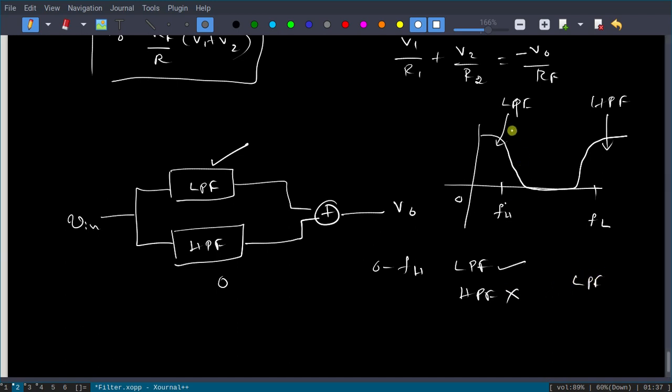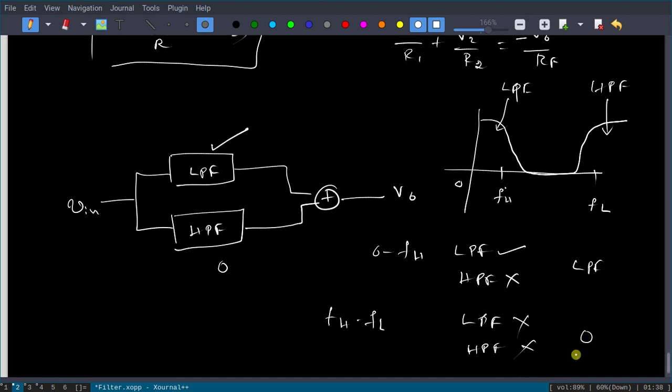From FH to FL, neither the low pass filter nor the HPF will allow, because the LPF cutoff frequency is FH and the HPF cutoff frequency is FL, where FL is greater than FH. So in this range both will not conduct, and you will get 0 volt here.